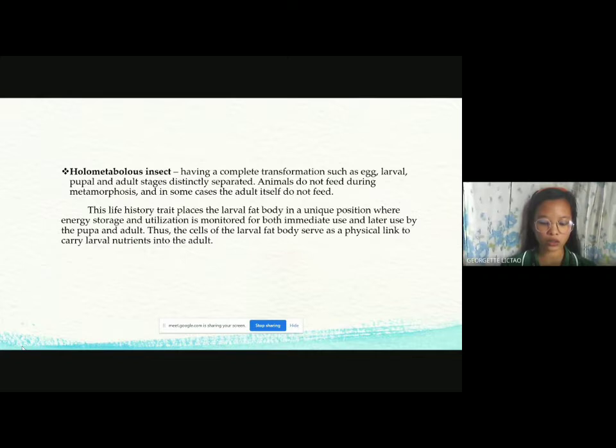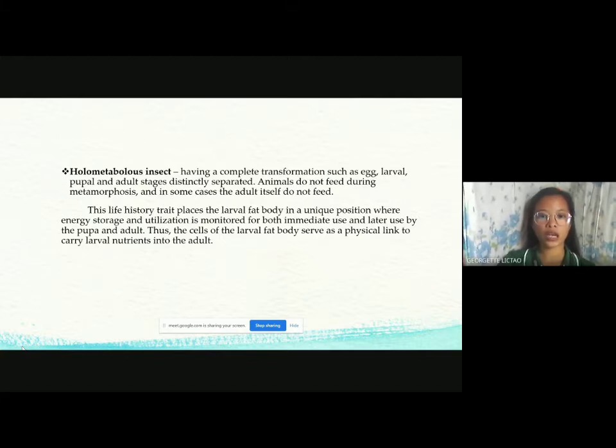Therefore, adequate nutrients must be stored in the fat body during larval stage to support the development of the adult tissues until feeding.